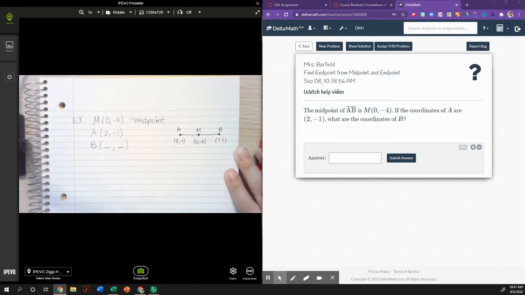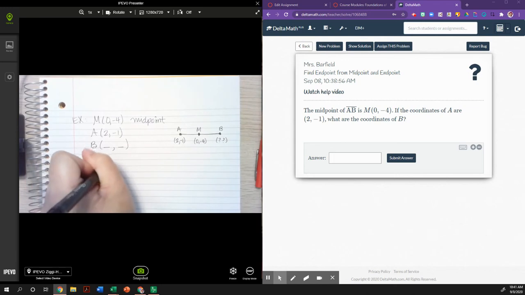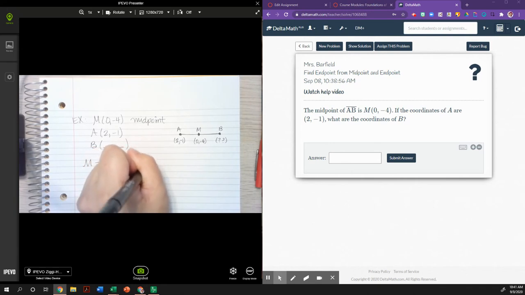Okay, what is the value of B? Okay, all right, so I have a couple of different things that I can do, but I find that for me, the best one is to take the formula and plug in the information that has been given to me.